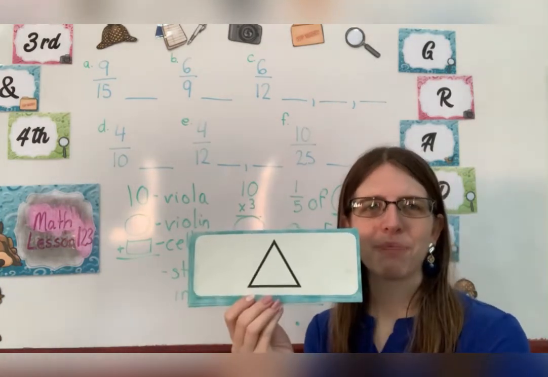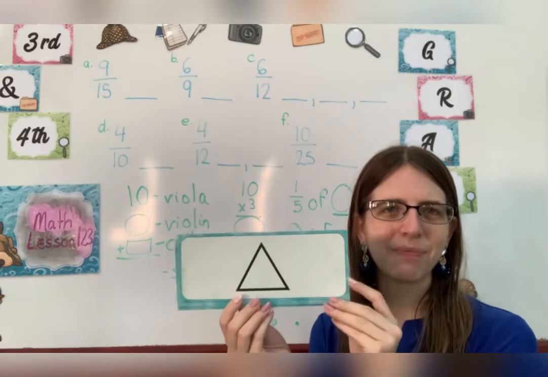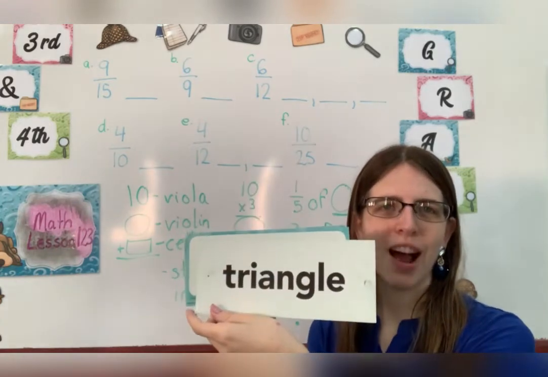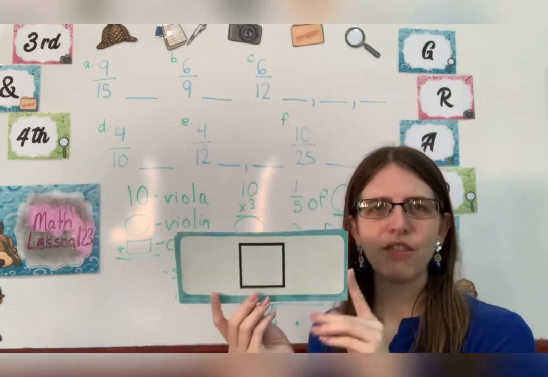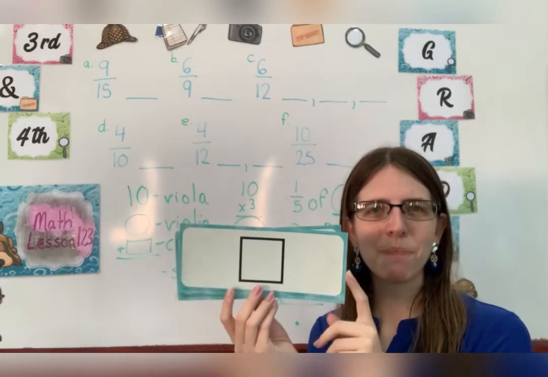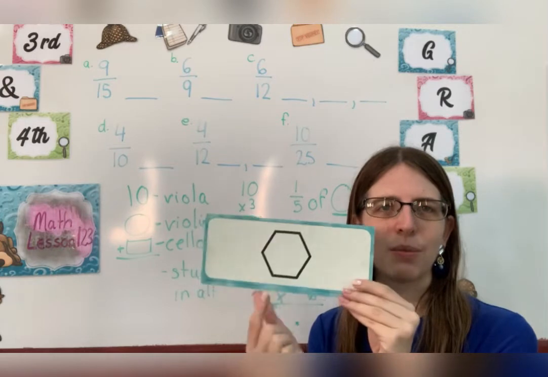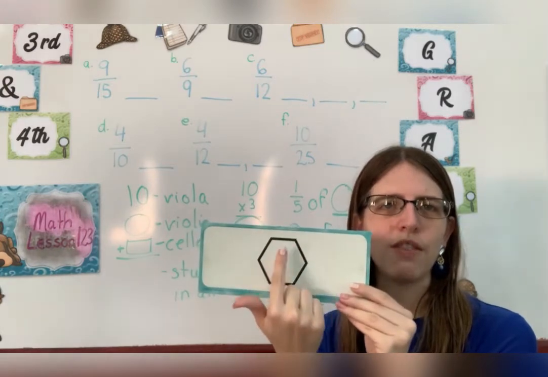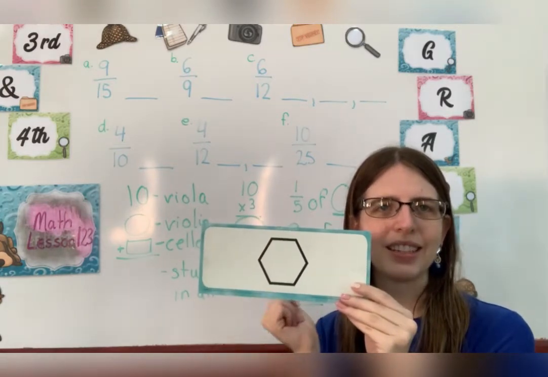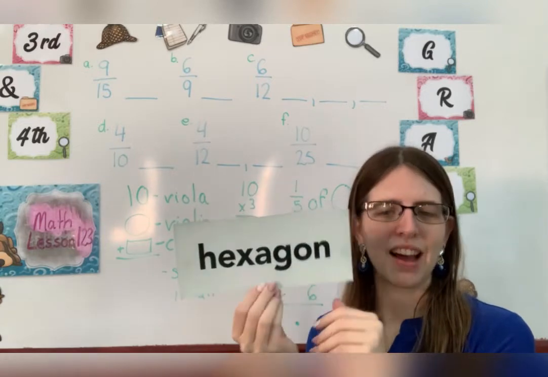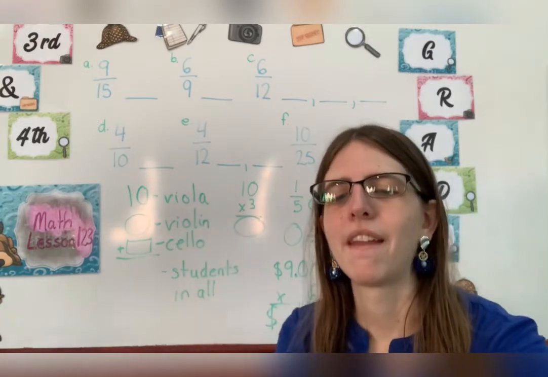Oval. That's right. 3 sides. Triangle. 4 sides that are all the same. Square. This one has 1, 2, 3, 4, 5, 6 sides. Hexagon. Nicely done.